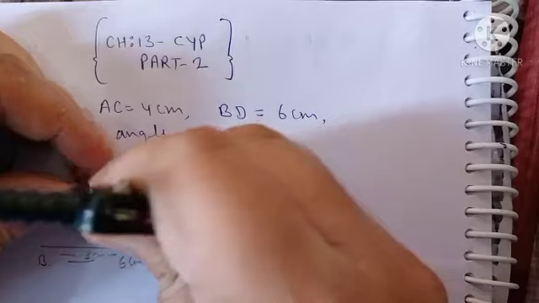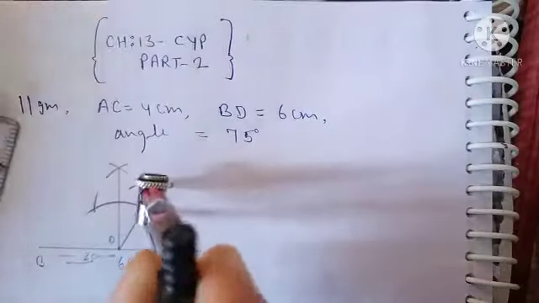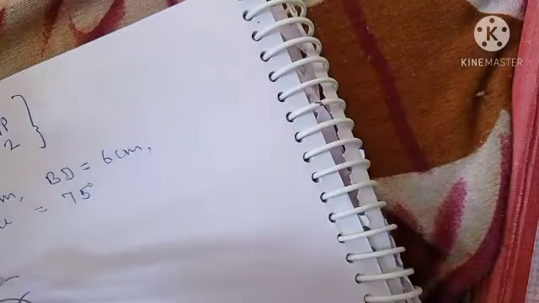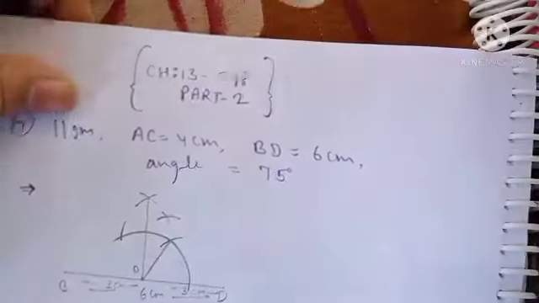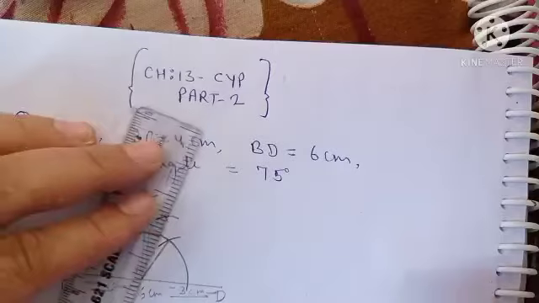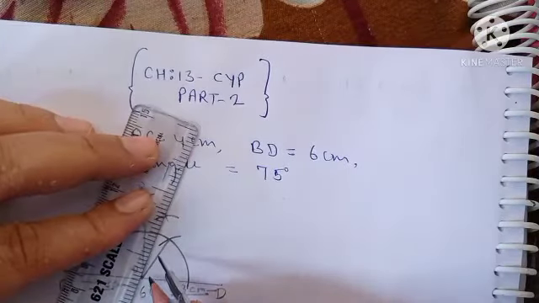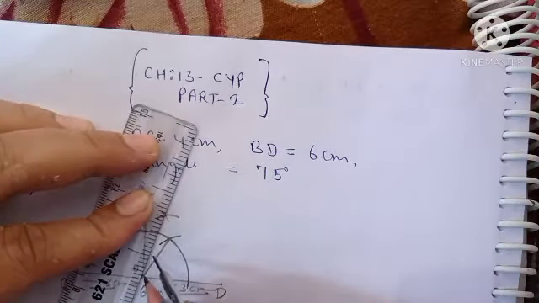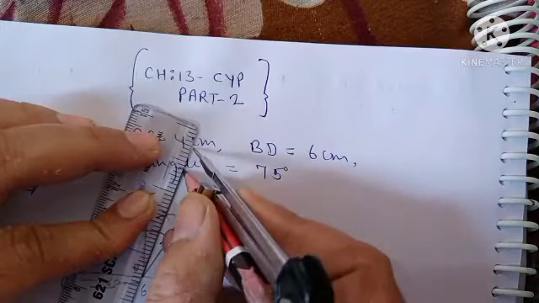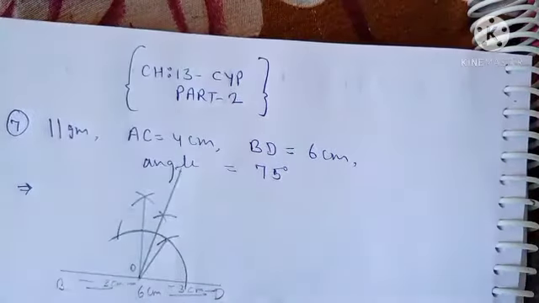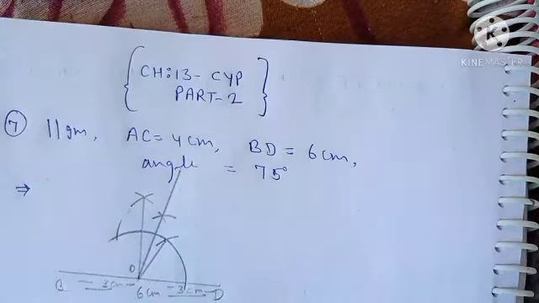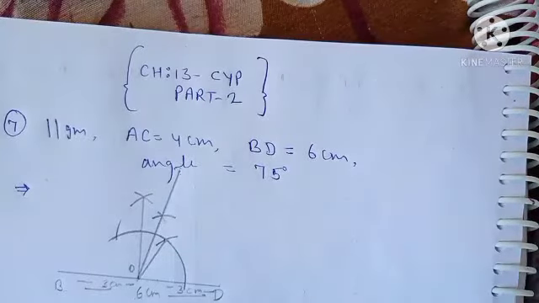So now we will draw the 75 degree angle. We will join this point of intersection. This is the 75 degree angle. Now you can see AC is equal to 4 centimeter.